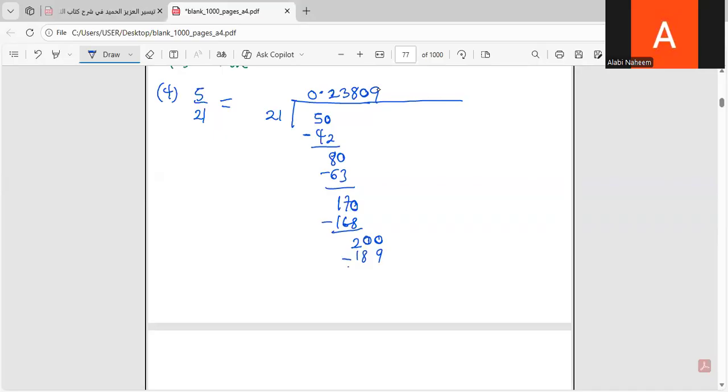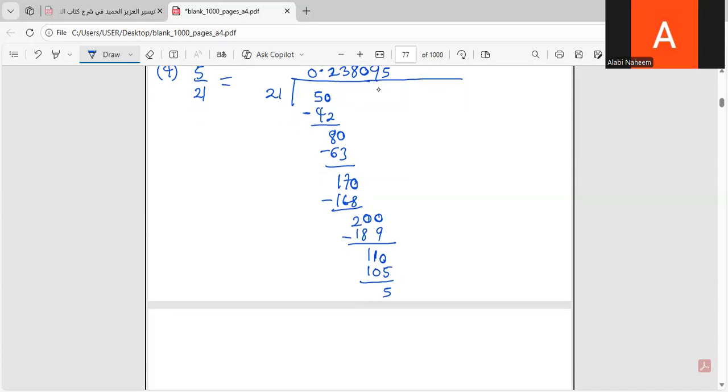You subtract, that's 11. 11 is also smaller, so you include 0. 21 in 110 is 5. 21 times 5 is 105. Subtract, we have 5.